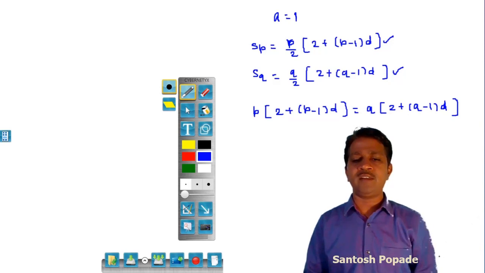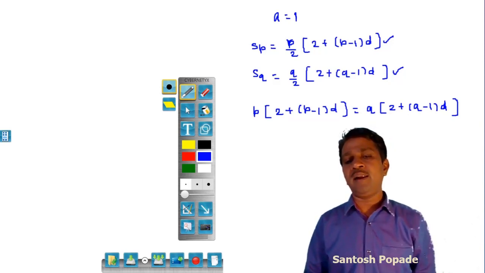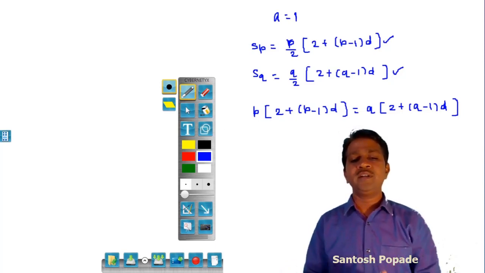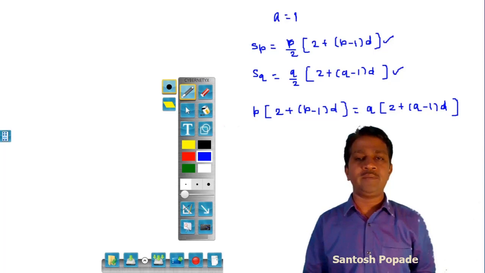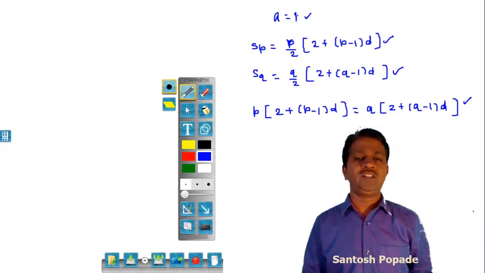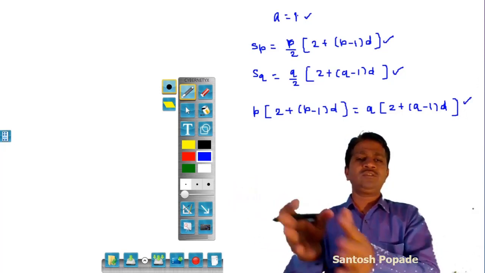You can verify these calculations, and I got finally this. And then by letting the values of P to be 3 and Q to be 5, I have calculated the value of D. Initially, I have taken A as 1. So using A equals to 1 and D equals to minus 2 by 7, I can say that SP is equal to SQ.